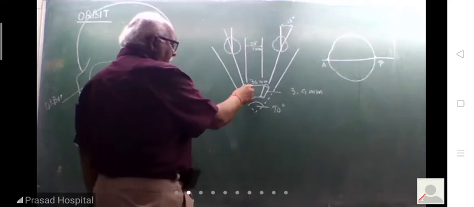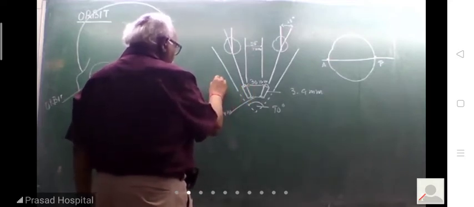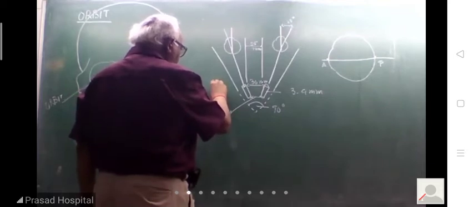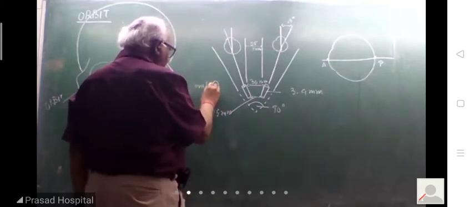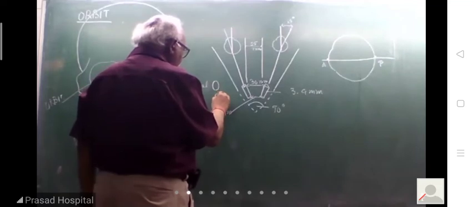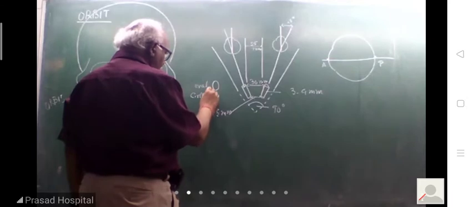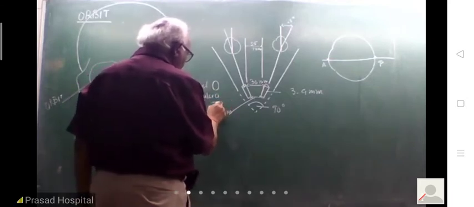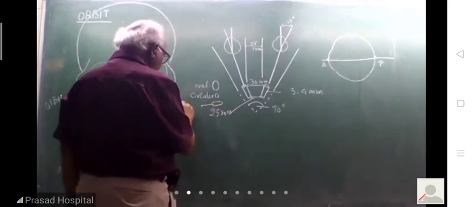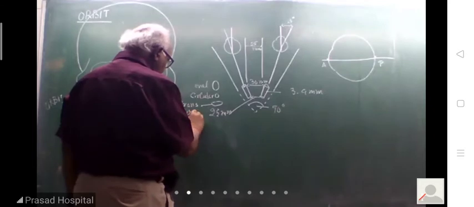If you cut a section, the shape of the optic canal is oval in the upper part, circular in the middle part, and transverse in shape in the beginning.